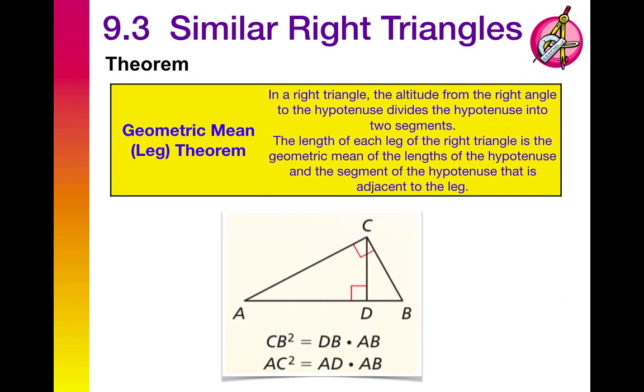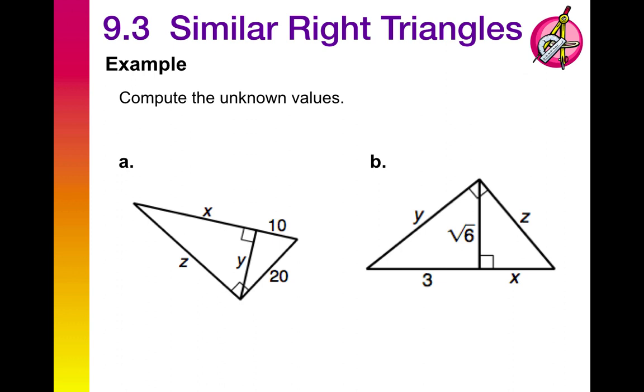If I go to the leg, I can say that this leg CB is equal to the geometric mean of this whole hypotenuse here times this portion here, this little segment. So the geometric mean allows us to make calculations, and that's what we're going to do here in this particular problem.